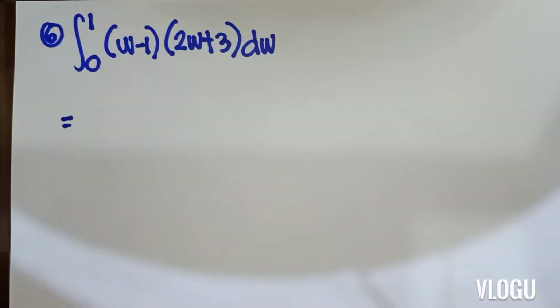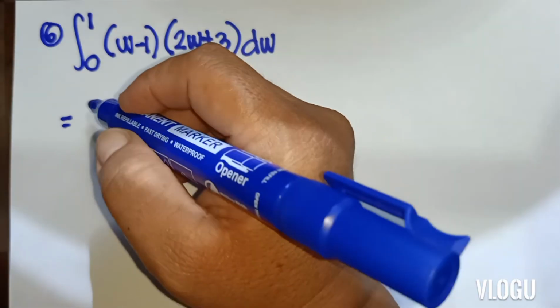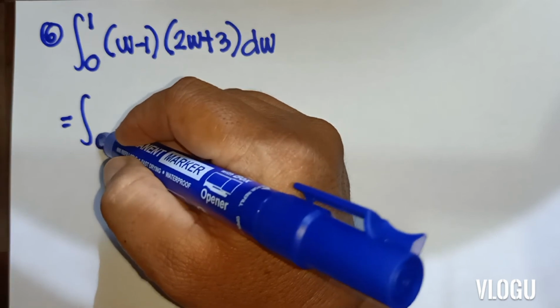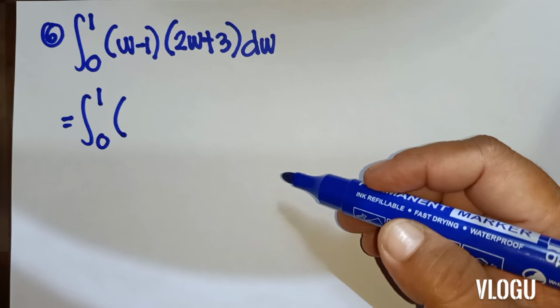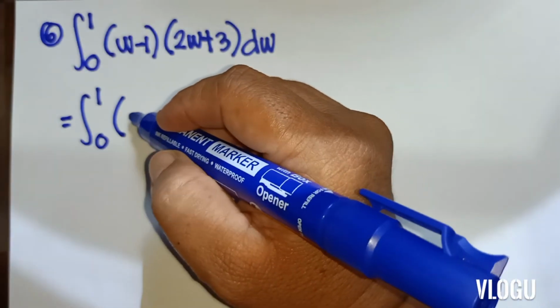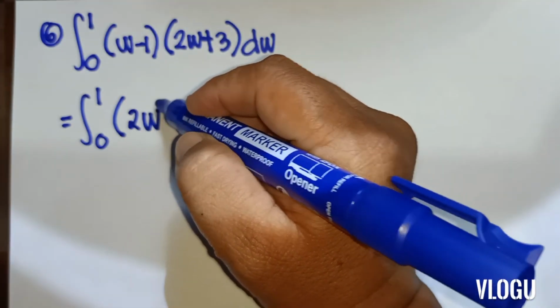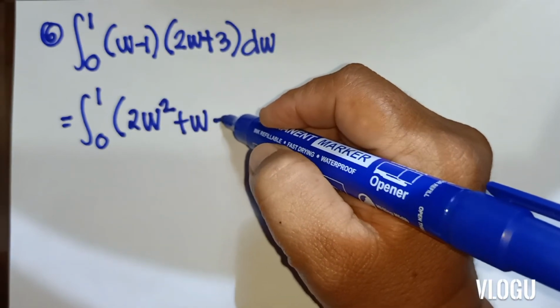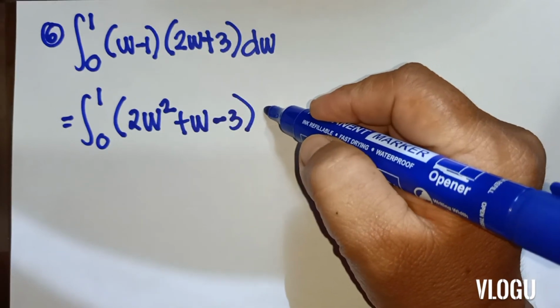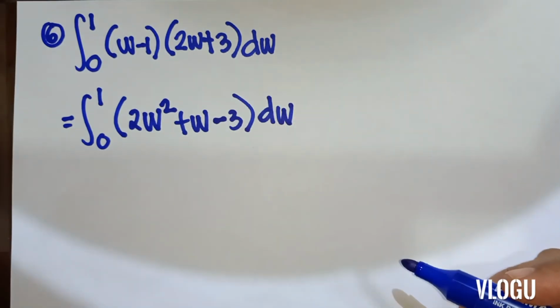The next example is the integral of w minus 1 times 2w plus 3 dw, evaluated from 0 to 1. So the solution here: w minus 1 times 2w plus 3 is equivalent to 2w squared plus w minus 3 dw.